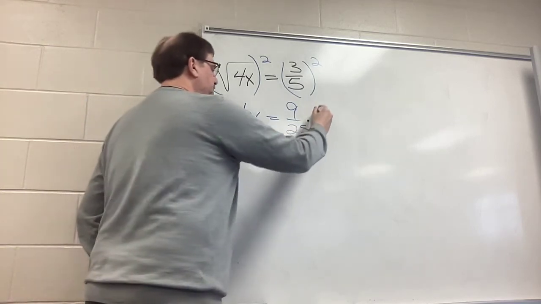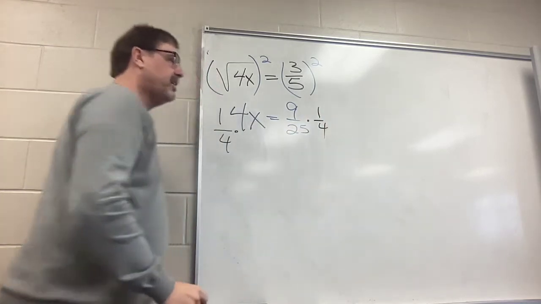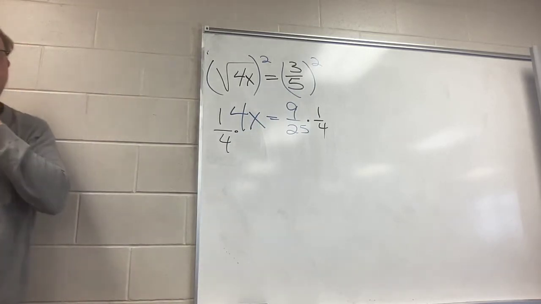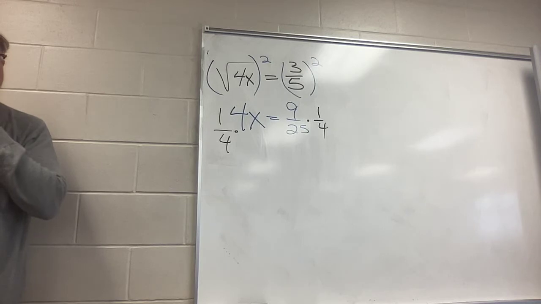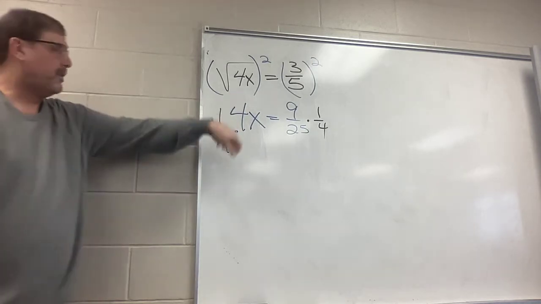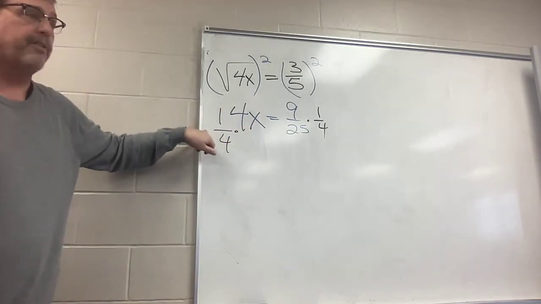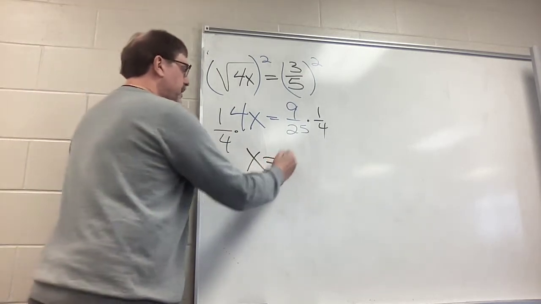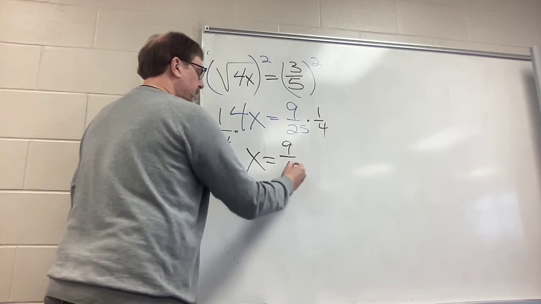And if I do that on both sides, it makes your problem really easy. Dividing by 4 is the same as multiplying by 1/4. You got 1/4 is a quarter. You got 4 quarters. You're good. No flipping, no nothing.